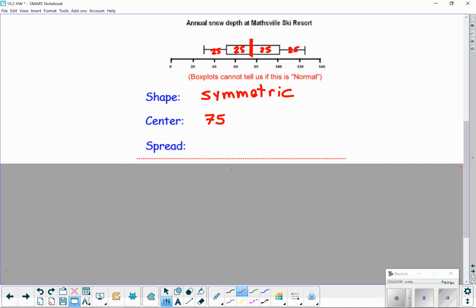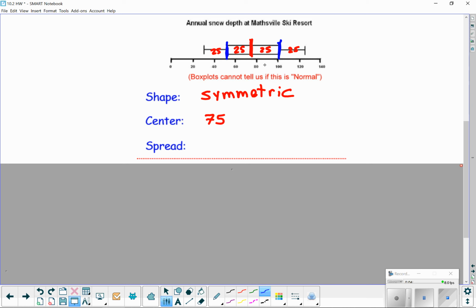And then the spread. Spread is the middle 50%, from there to there. So it looks like that's 100, and that might be about, let's just say 50, or a little bit above that, 55. I'd say that's about maybe 50, or almost 50. We'll just say 50.